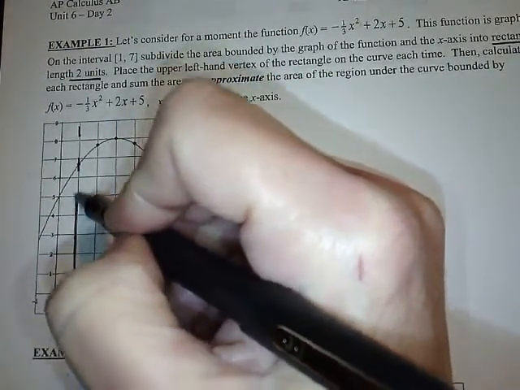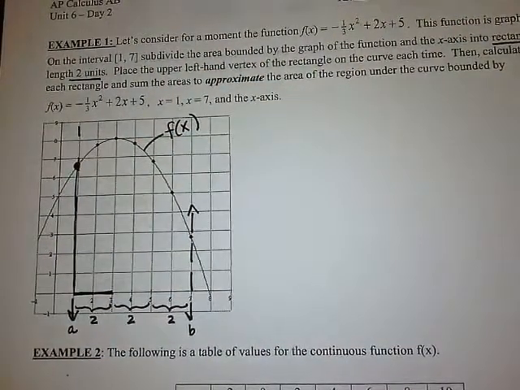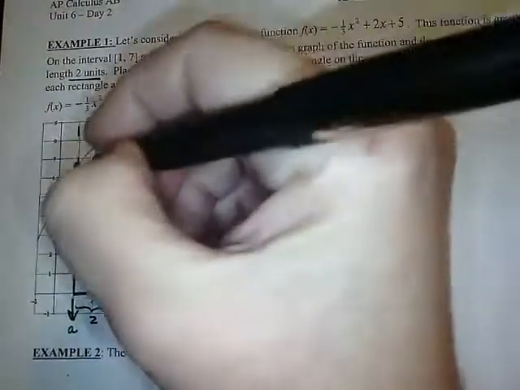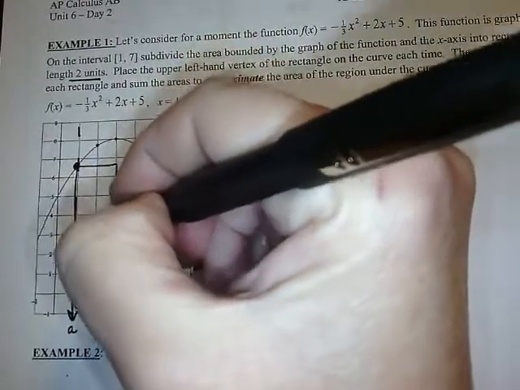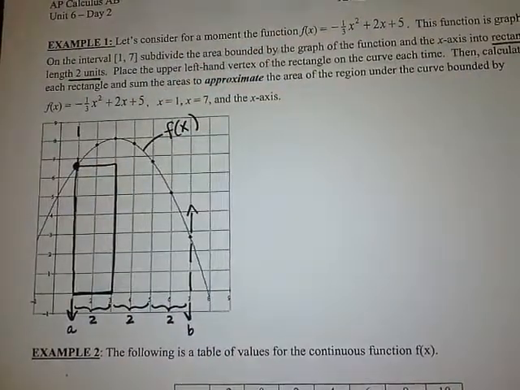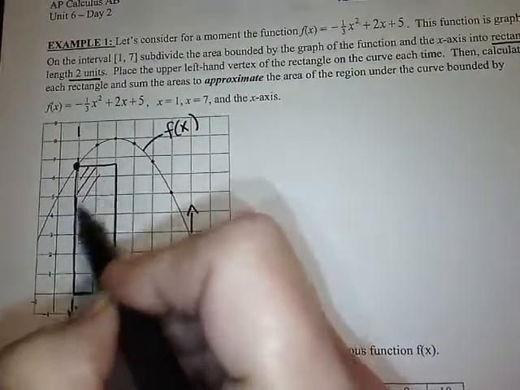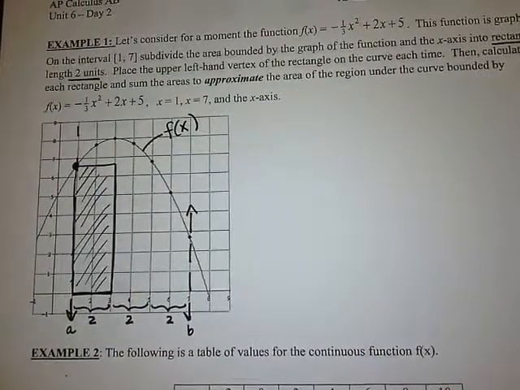It's going to look like this. I put a little dot there, and then I'm going to draw a straight line across connecting the other side. So it's going to go here, and then down there. That is rectangle number 1. Kind of shade it in just a tad like that. Okay, that's the first one.